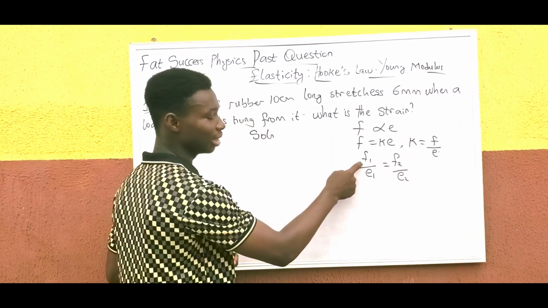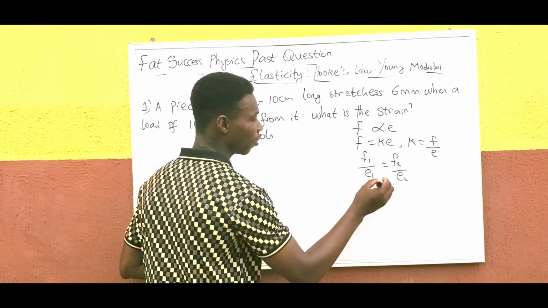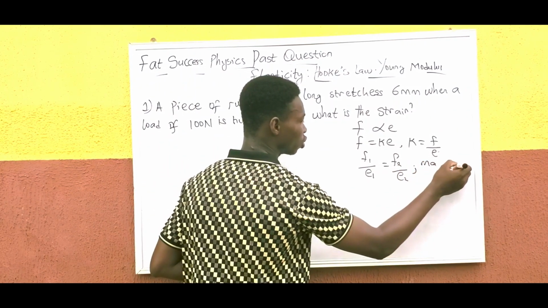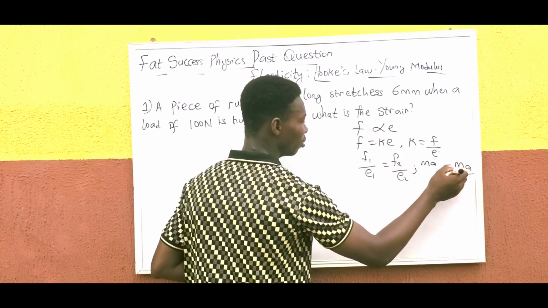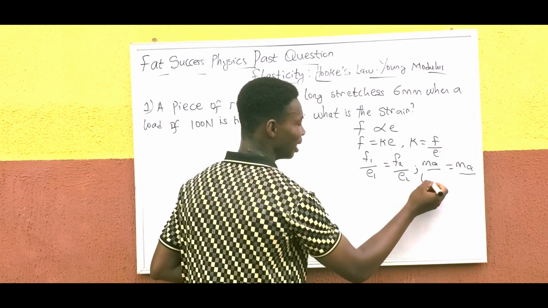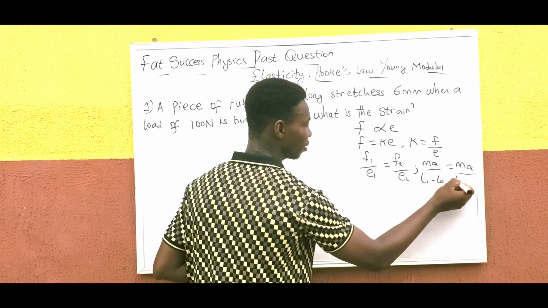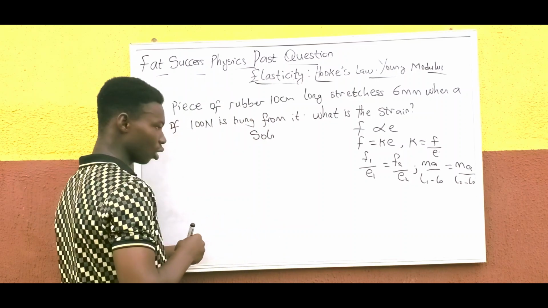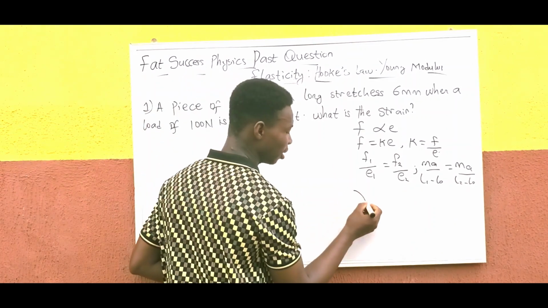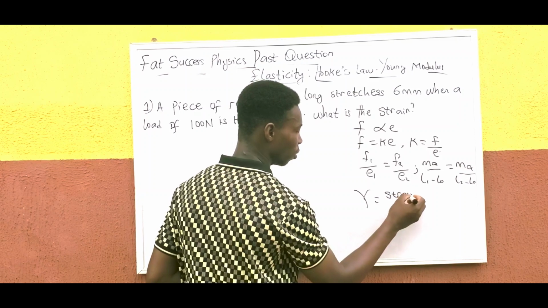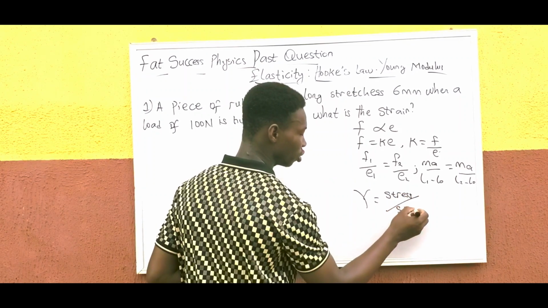Now, I want to extend this. Don't forget that the formula for force is the same thing as MA. Extension is final length minus original length. So from here, for Young modulus, we can say the formula equals stress all over strain.